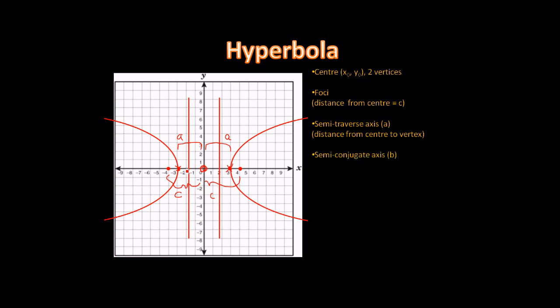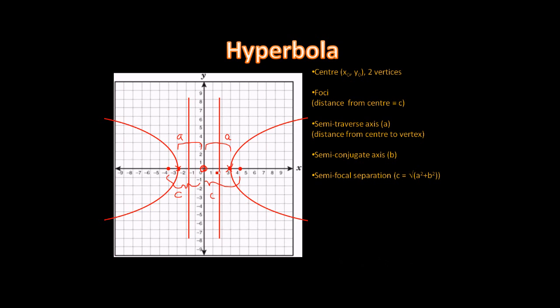Next, we have the semi-conjugate axis. It is the vertical axis passing through the center of the hyperbola, so it is here. Now the position of the b is slightly complicated, so I'm not going to show it here, but later on you will see the relationship between a, b and c.